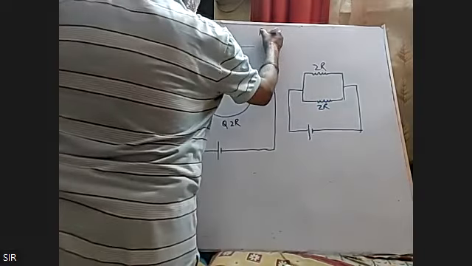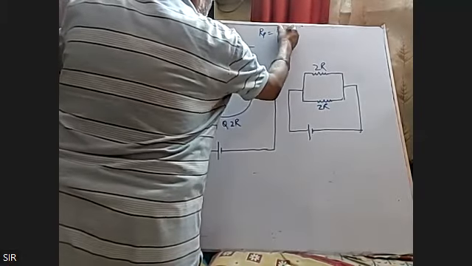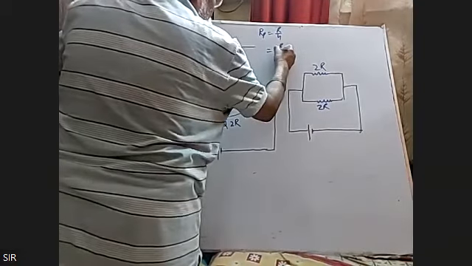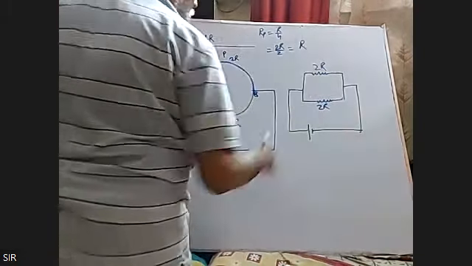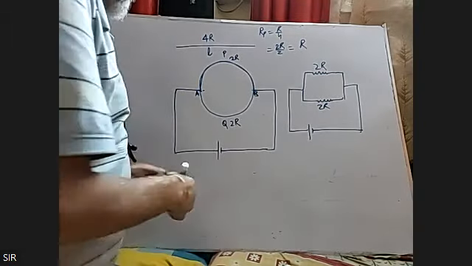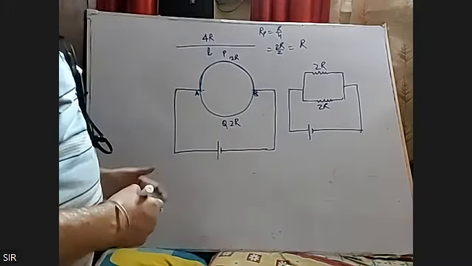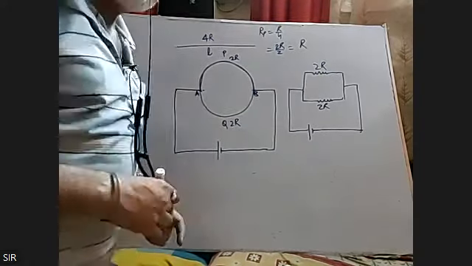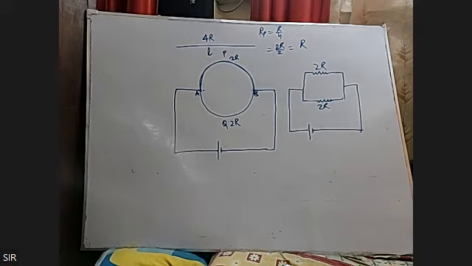So parallel will be R by N here, so the resistance will be 2R by 2. They have asked the resistance across AB, so it will become R. R by N. I told you, na? Clear? Yes. Okay.